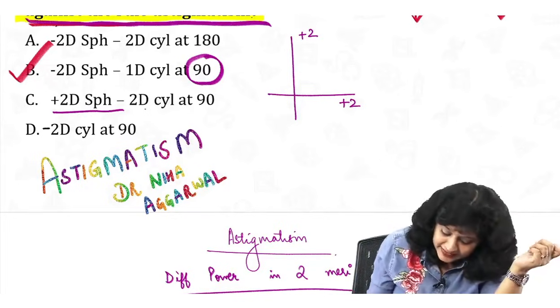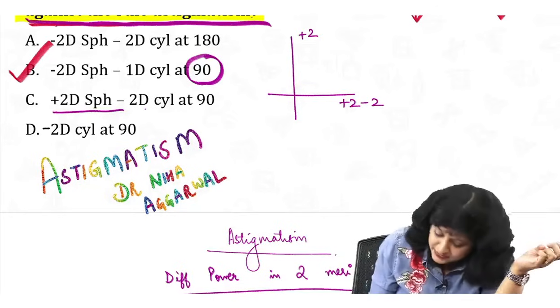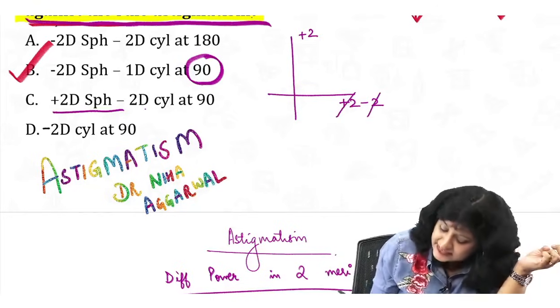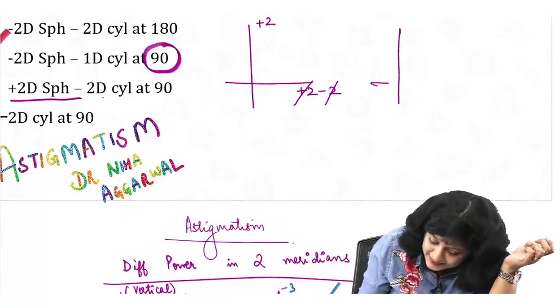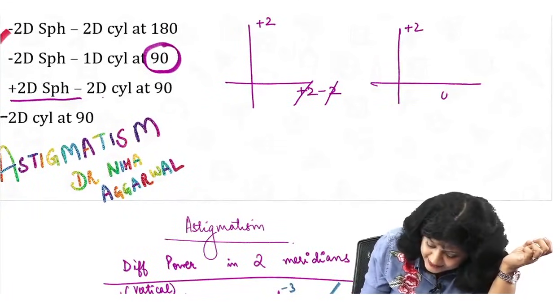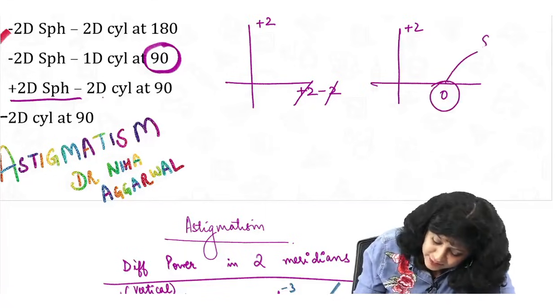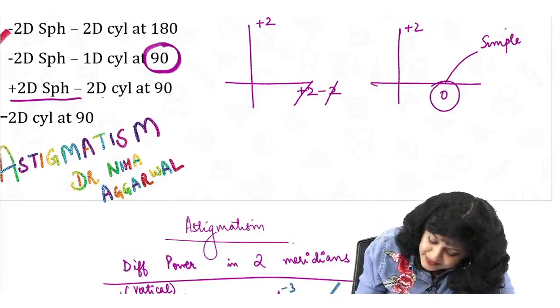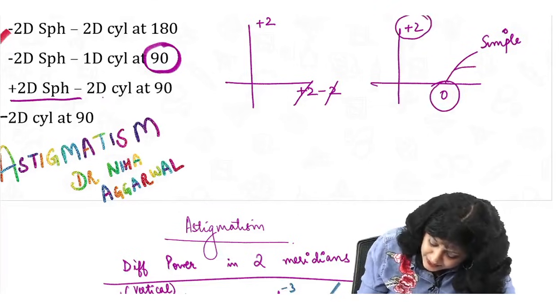So when they are acting at the horizontal plane, it will be acting here. So what will happen? This +2 will cancel with this -2 and finally you will be getting +2 here and 0 here. Now because one of the meridians is 0, this will become simple astigmatism. The sign is plus, so this will become hypermetropic astigmatism.